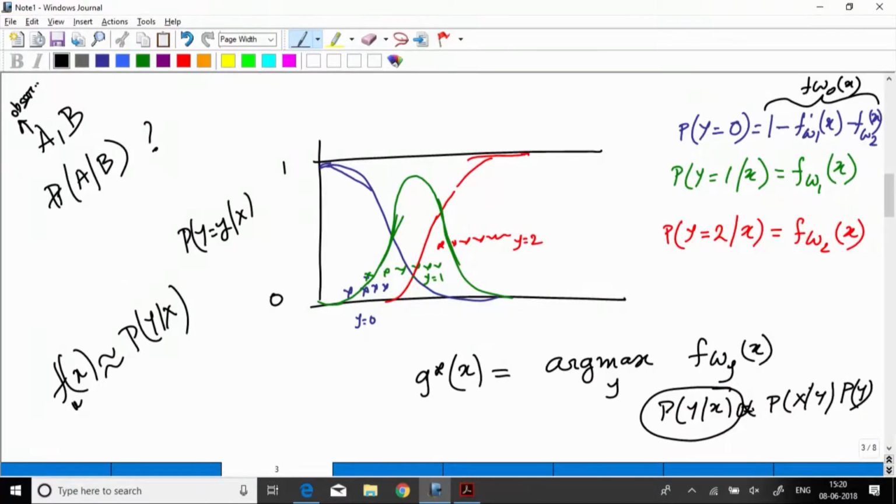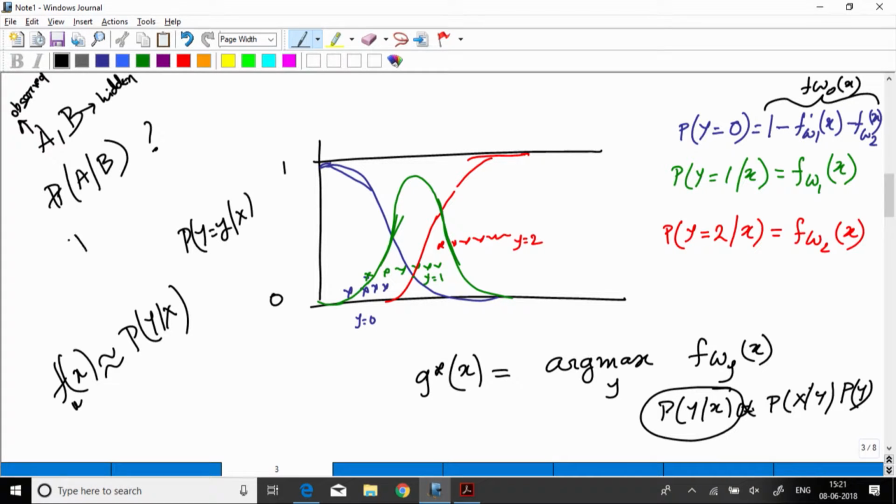Yes, you have a question? Okay. So now I am saying that A is observed and B is hidden. Then what is it? Then it is the likelihood.